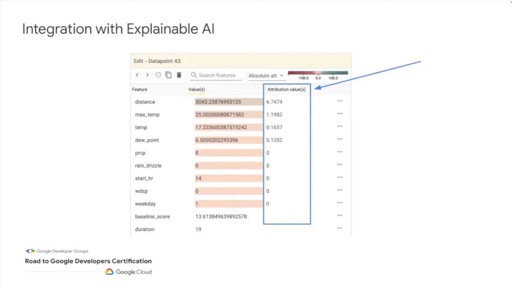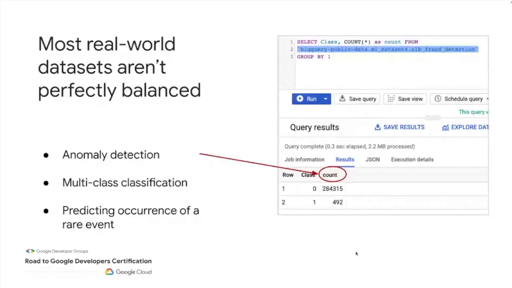Another thing that you could do is integrate with explainable AI, which would help you. If you look at real data, you can see that the datasets aren't perfectly balanced. And therefore, you want to use things like anomaly detection and multi-class classification, especially if you're predicting the occurrence of a rare event.